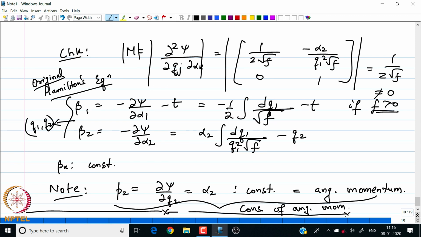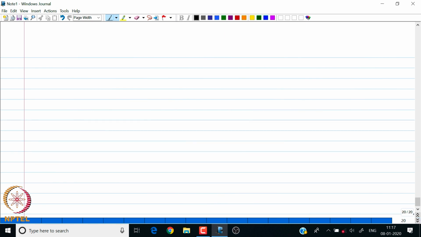So let us now consider. So far we have shown that if we are able to separate variables for a conservative system, we should be able to solve and find the generating function, which will give us the extremal to the original functional. The question is, can we really separate the variables?